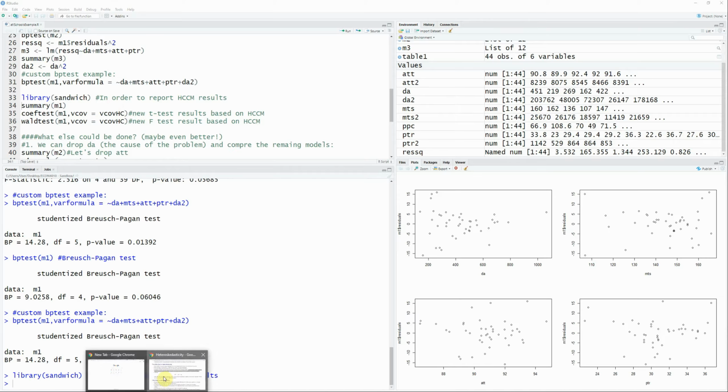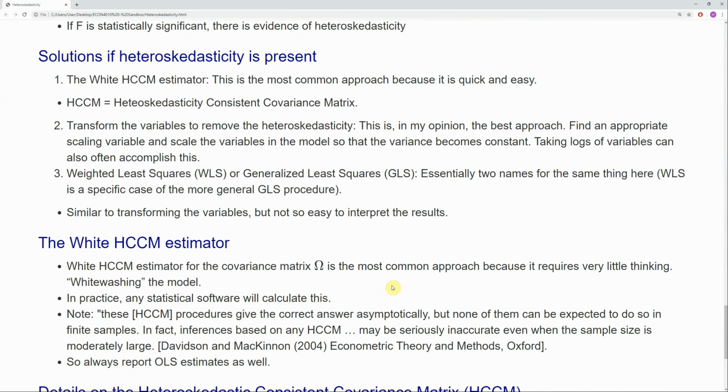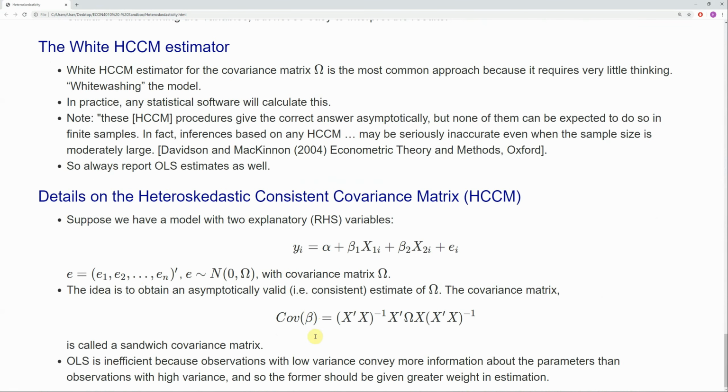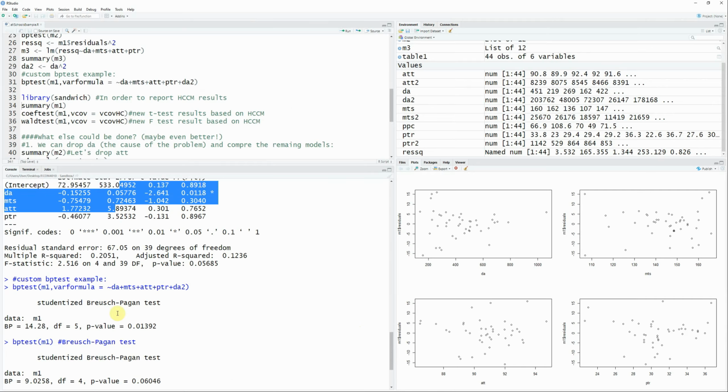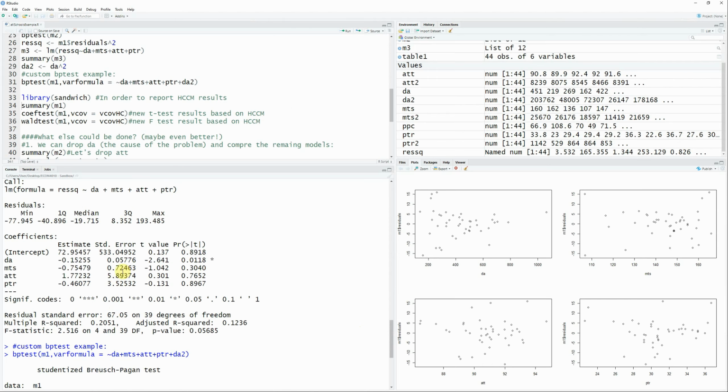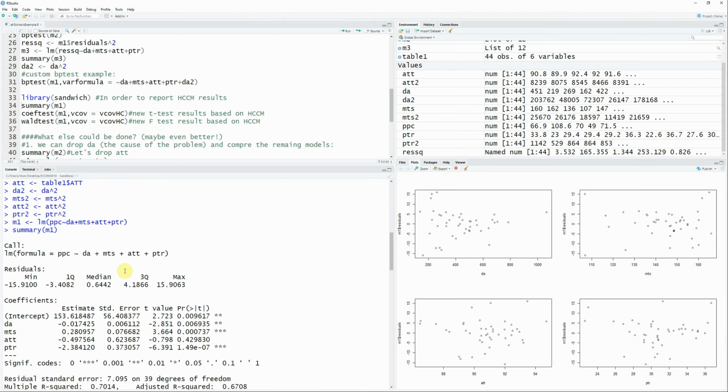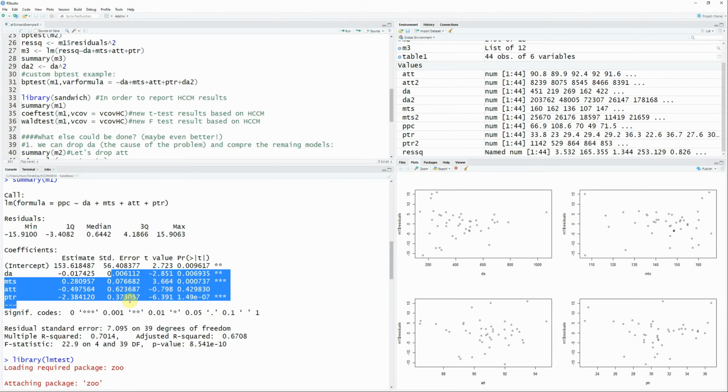Here we want to calculate this covariance matrix, and then based on that covariance matrix, calculate these new values, because the standard error is going to be different, and we want to see these new values. That's our original model, and then see how the standard errors change and how the significance level is going to change.